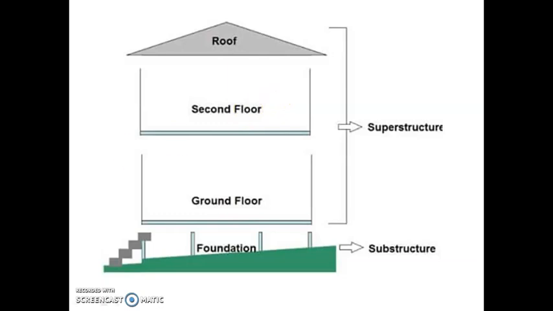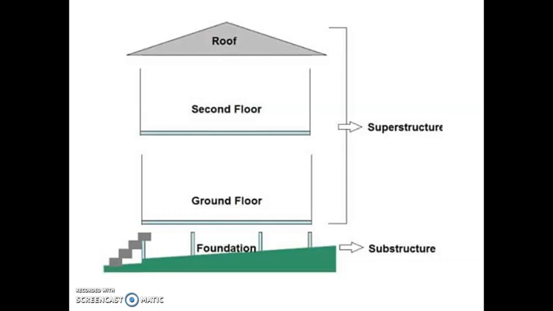Now staircase is also an important part of any building or structure. Now we'll see what is a stair. A stair is a sequence of steps provided to afford the means of ascent and descent between the floors and landing.